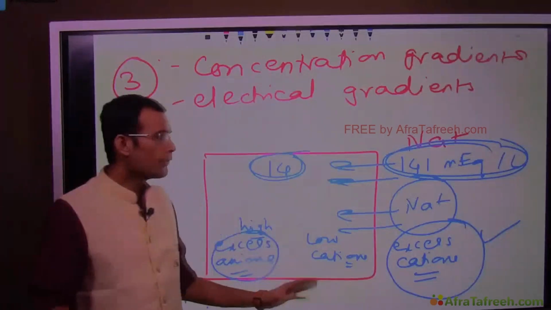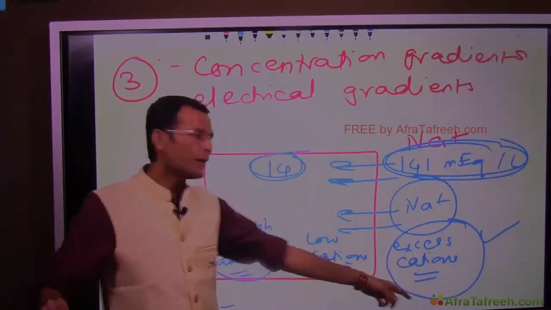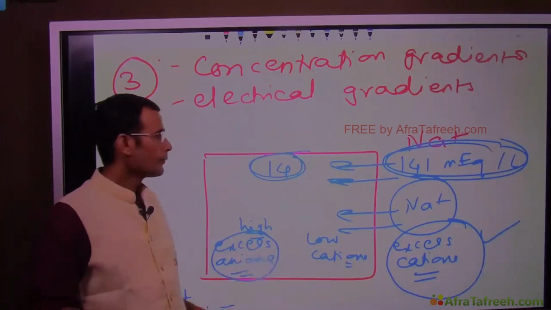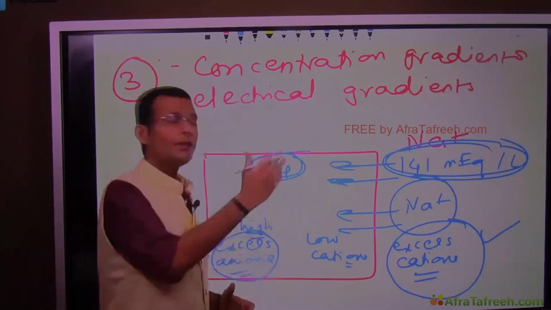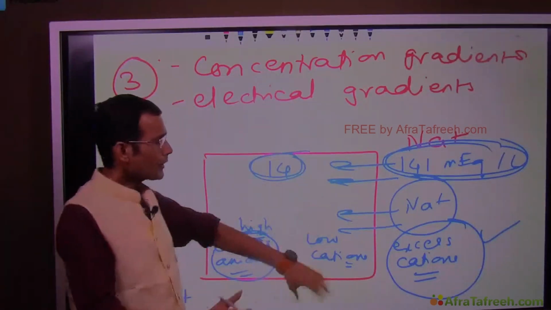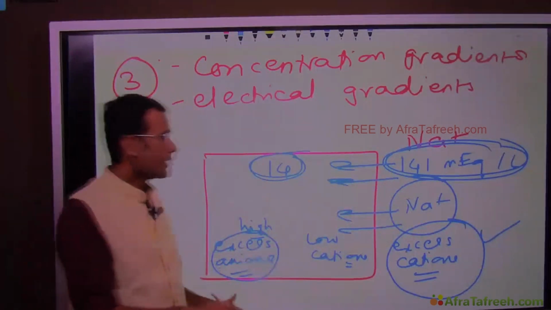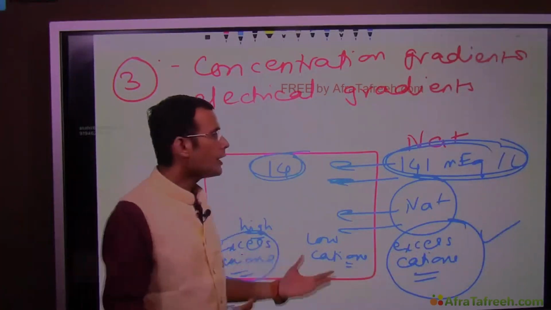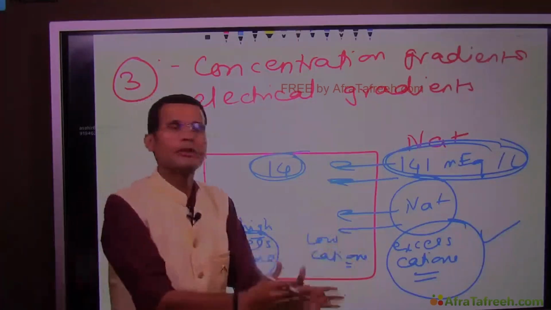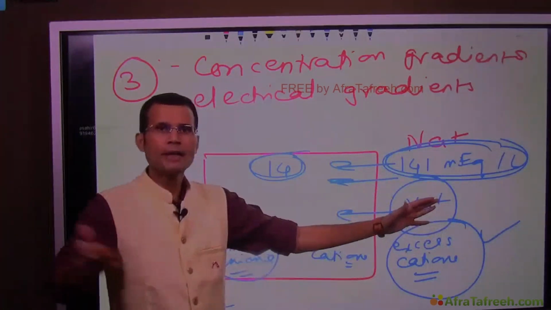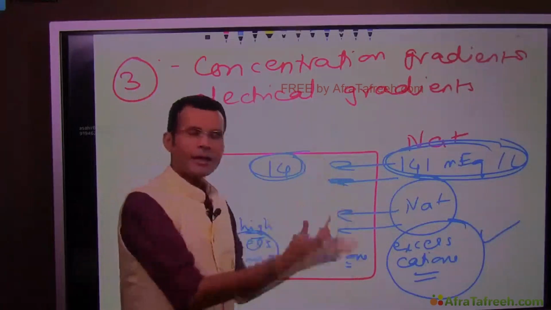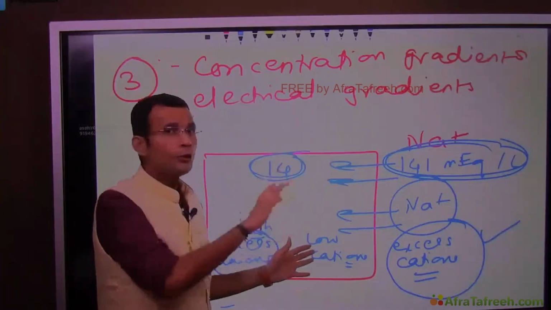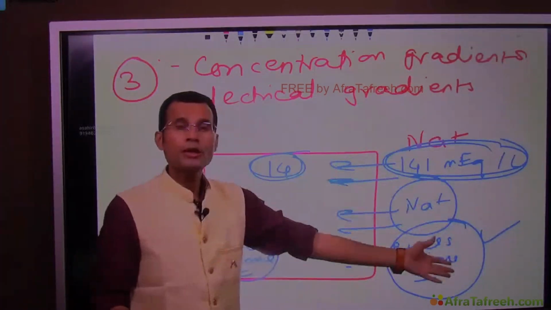When I say excess cations on the outside and low cations on the inside and relatively high anions on the inside, it is created by all the cations and anions in those fluids. So when I say excess cations are there in the ECF, I'm talking about all the cations put together in the ECF, sodium, potassium, calcium, magnesium. So all cations put together in the ECF and all cations put together in the ICF. If you compare, there will be more cations on the outside.